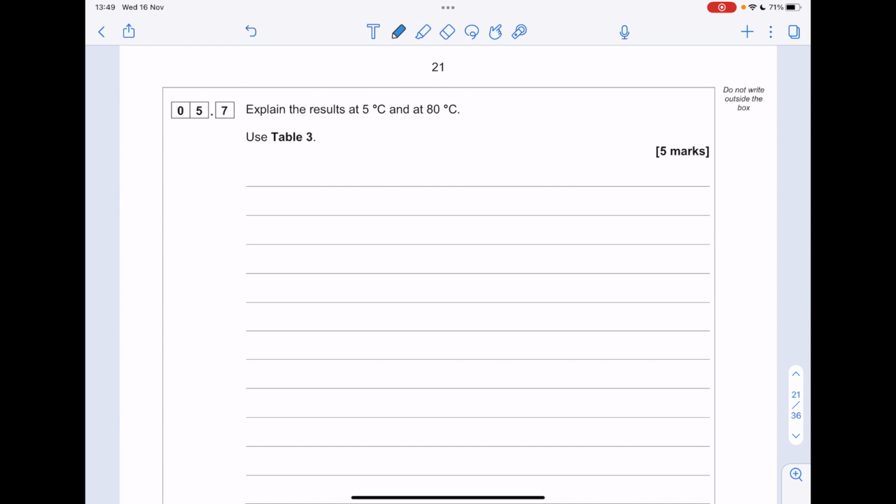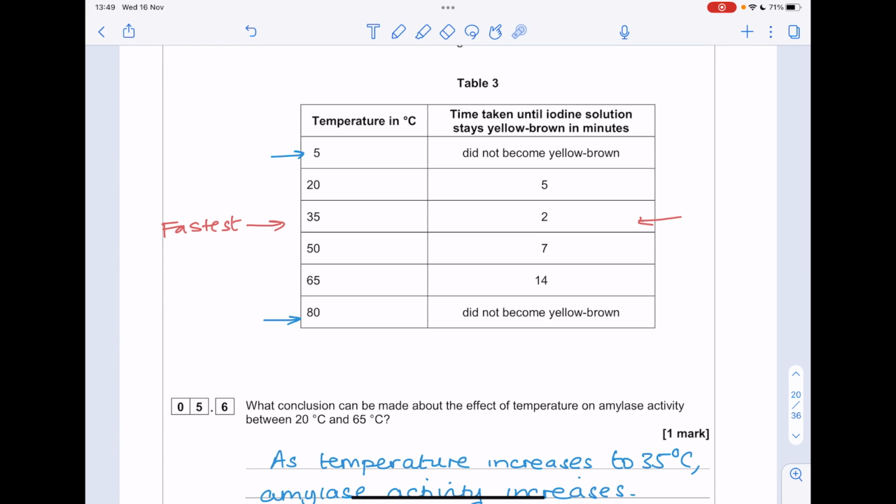Explain the results at 5 degrees and 80 degrees. So we need a scientific reason here. And it's worth a lot of marks, 5 marks. Look, the results are the same, but there's a different explanation for these. So why might 5 degrees mean that the iodine didn't turn yellow-brown?